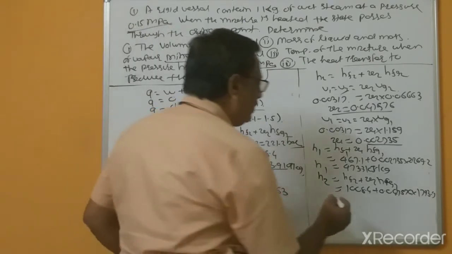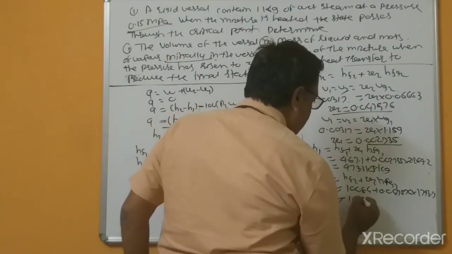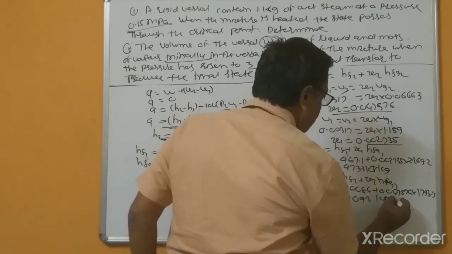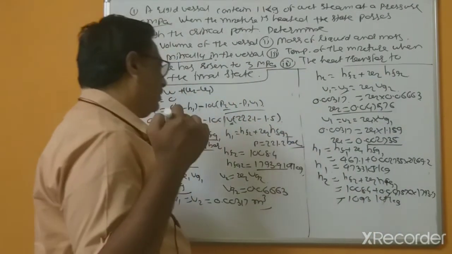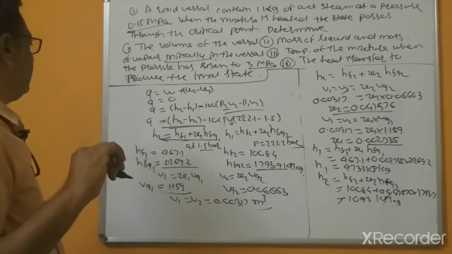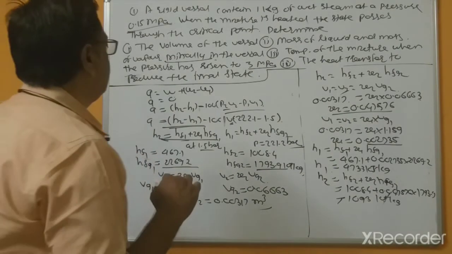This is equal to 1093 kilojoule per kg. Now we can calculate Q equal to.